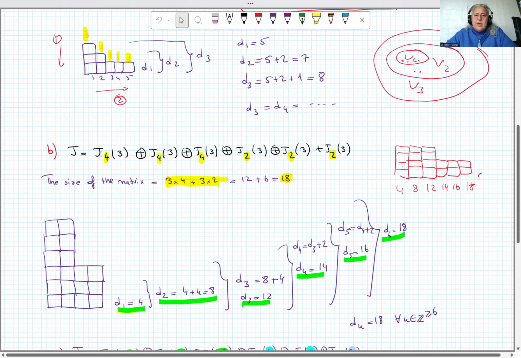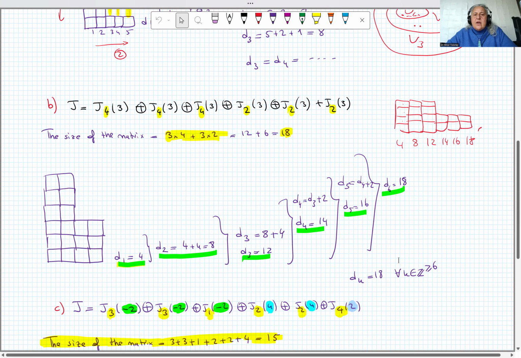And in order to find out the D's, the dimensions of each direct summand of the generalized eigenspaces, the first one is 4, the second one is 4, the third one is 4, and then 2, 2, 2. So this one will be 4, this one will be 8, this one will be 12, and 2, and 2, and 2. So that's how it works. You will find out all D's in that way.